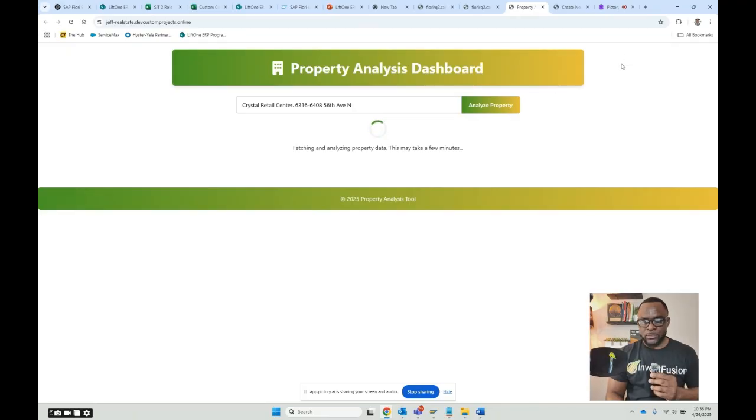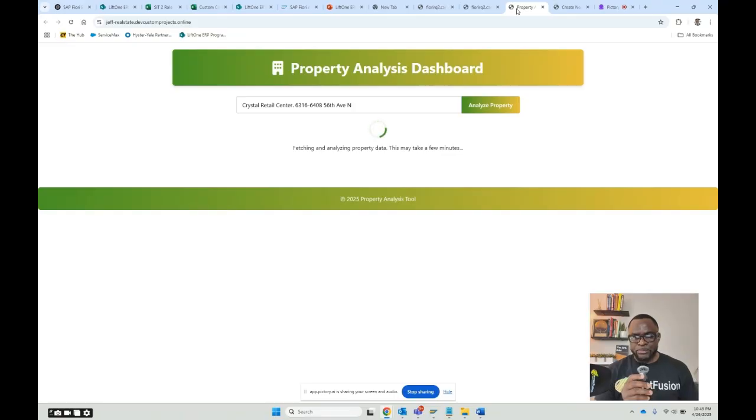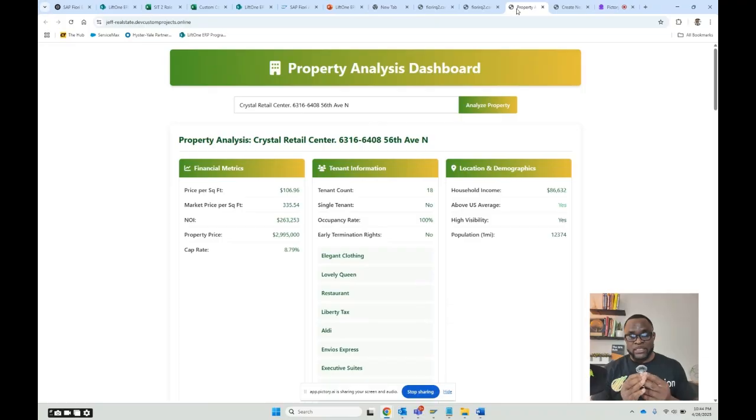When you click Analyze Property, what InvestFusion does is go through over 32 critical checkpoints, or layers of data-driven checks, to save you time, money, and months of guesswork. This is months of work that would take you time, energy, and sweat, all within a click of your button. And here you go.